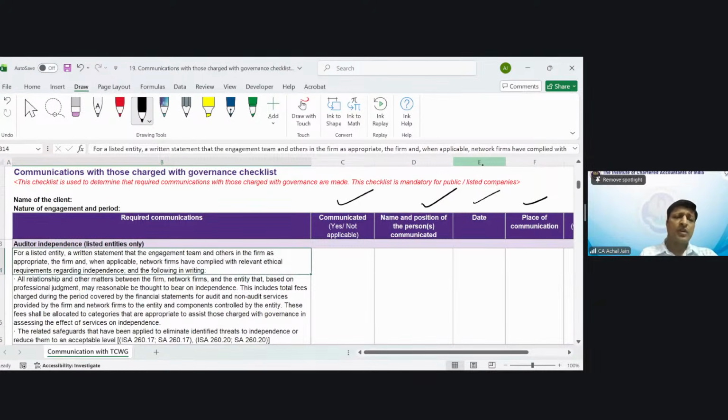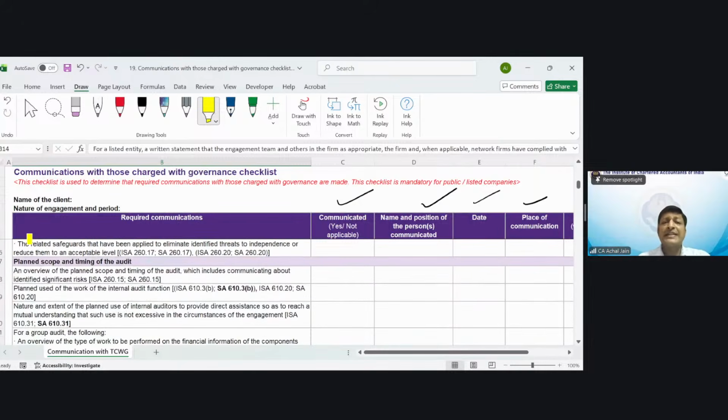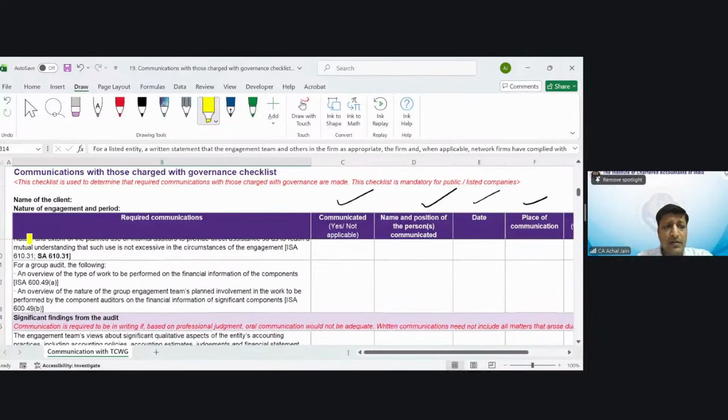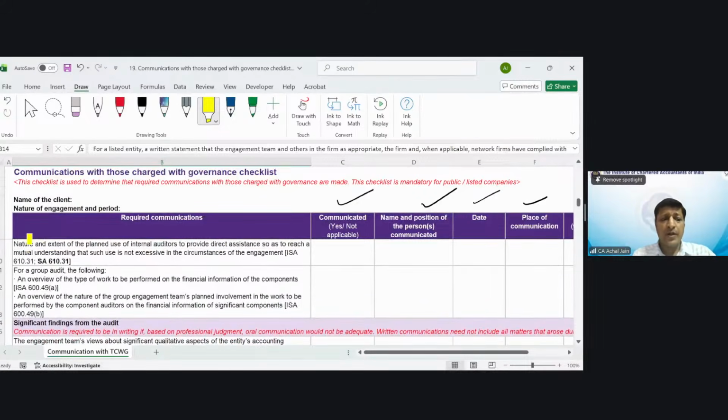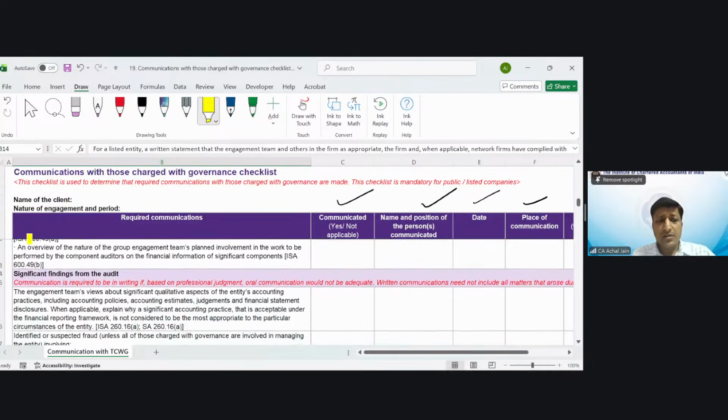First of all, talking about the independence, which the auditor would have evaluated, the way the communication will be done, then the planned scope and timing of audit, an overview of the planned scope, planned use of the work of the internal audit function, if at all it's in place. If it's a group audit, what are the additional considerations?